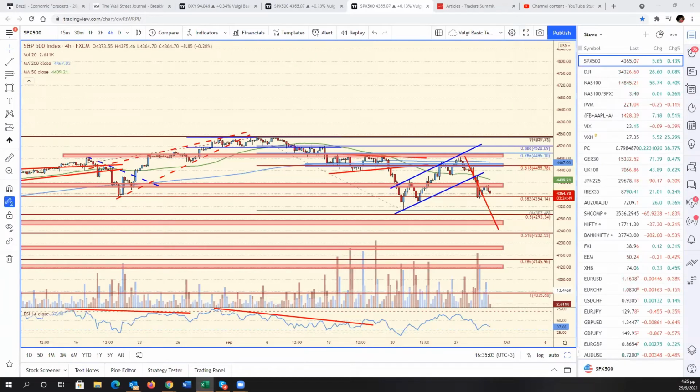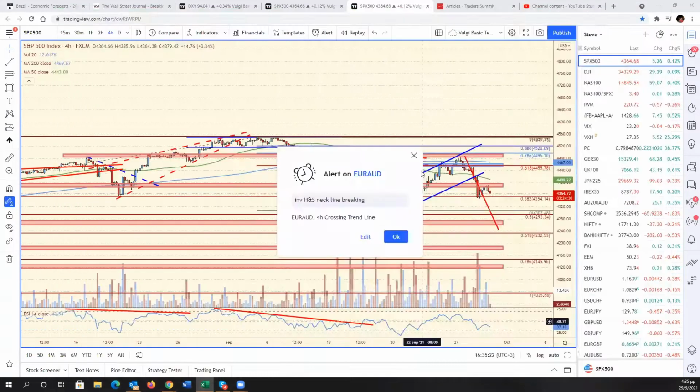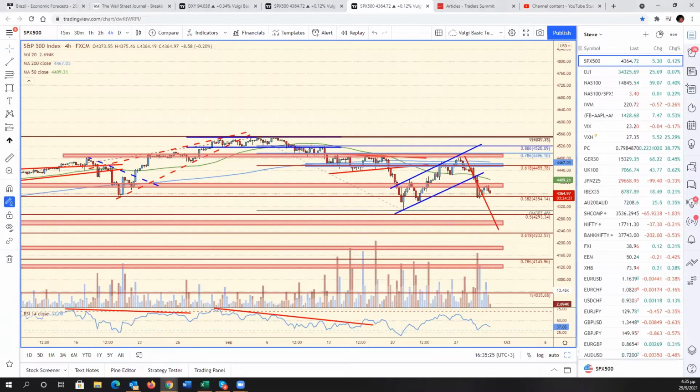So there you go. This is your bias chart. I don't know. Do you want me to keep it a little bit longer? Let me keep it for a few more seconds. Okay. So this is our bias chart for today.